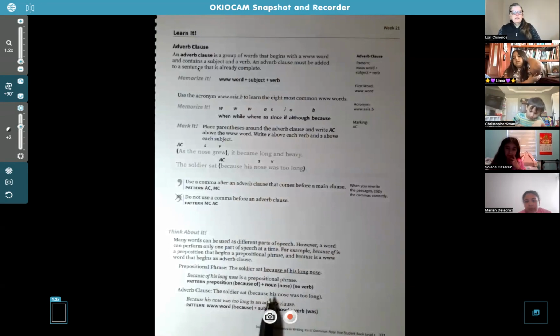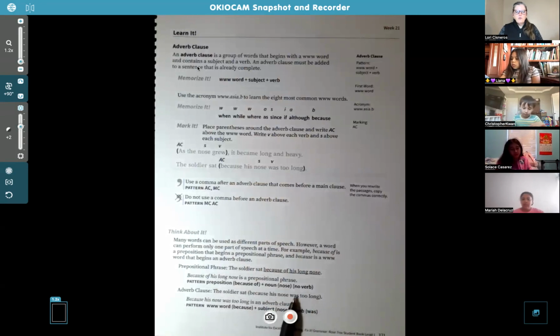That doesn't have because of, it just says because his nose was too long. That's an adverb clause right there. Okay, and so it starts with because, and it has a verb was, and the subject is nose. So remember, clauses have a subject and verb pair. You guys have any questions so far about this page?